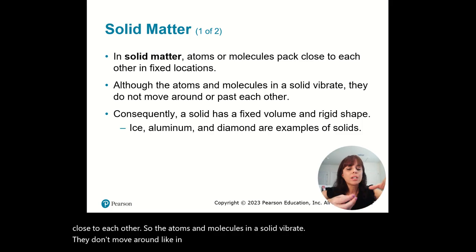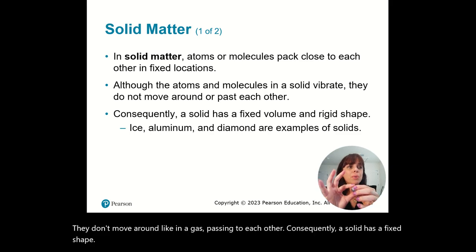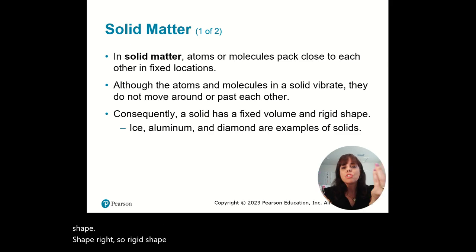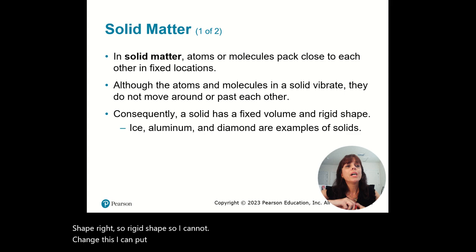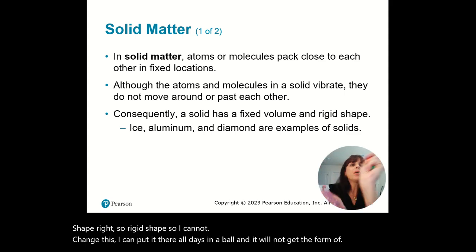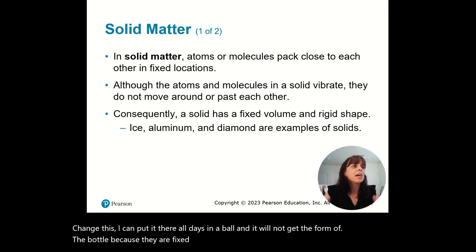Consequently, a solid has a fixed, rigid shape, so I cannot change this. I can put all this in a ball and it will not take the form of the bottle, because they are fixed and rigid, like ice, aluminum, and diamond, which are examples of solids.